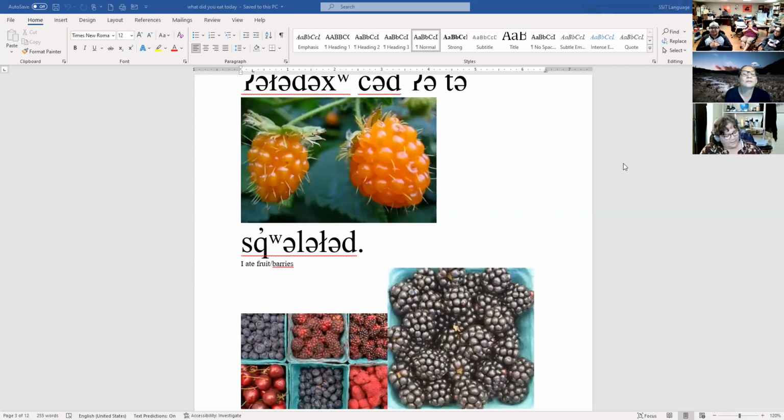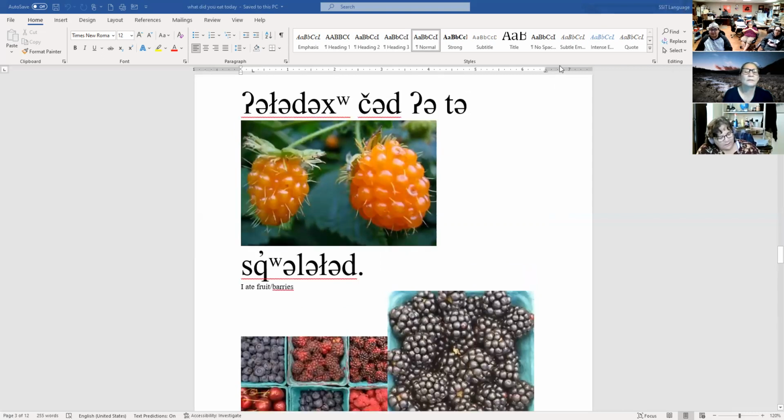So Ashad Achad Atas Squalashed. All right, remember the important part of this whole conversation is Ashad Achad Ata. That's the important part.